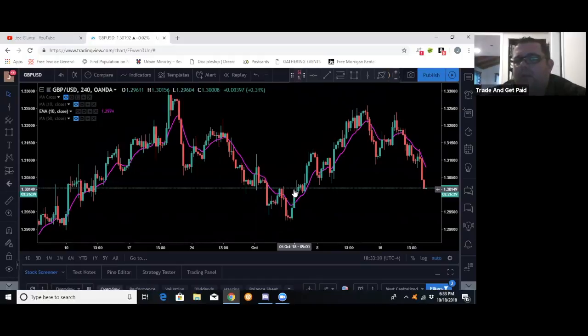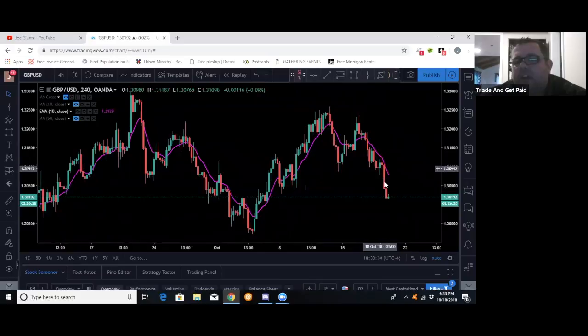The problem with the exponential is because there's so much emphasis on the last 3 or 4 candles, or the last 30 or 40%, sometimes we can get faked out by an exponential. Sometimes it'll act like it's going to go into a sell, but really it's just going to start ranging and going sideways. Or sometimes it'll act like it's going long, and it'll end up just going sideways into a ranging market.